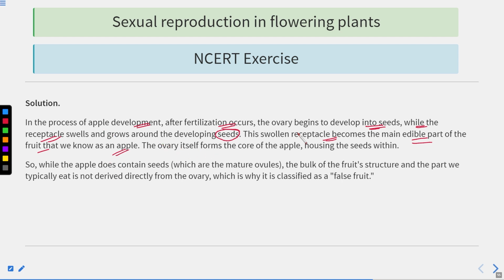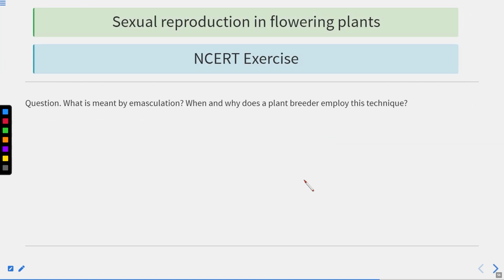Now the ovary itself forms the core of the apple, housing the seeds within. So while the apple does contain seeds, which are the mature ovules, the bulk of the fruit structure and the part we typically eat is not derived directly from the ovary. Okay, that is why we call it as the false fruit.